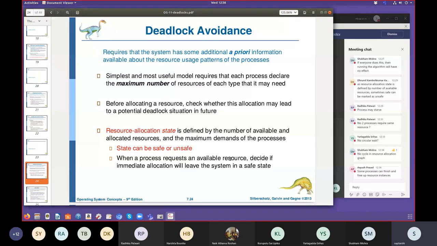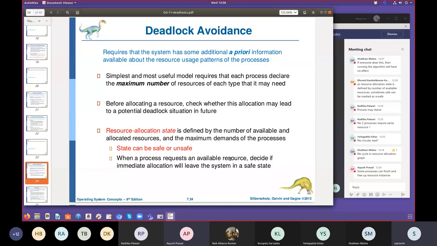Something which Ayush pointed out in that line. Maybe Ayush, just unmute yourself. If no other resource instance is required by some process, so it can perform execution.